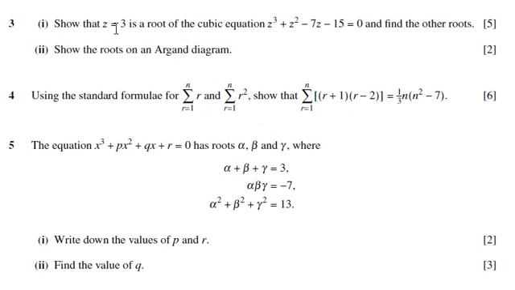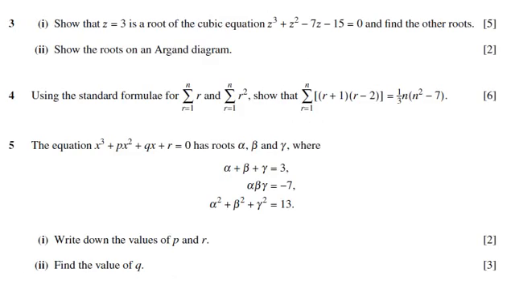So what we need to do is to mark that z equals 3 is a root, so it is about here, and we have the two answers which I've written down, minus 2 plus j right here, and minus 2 minus j right here.